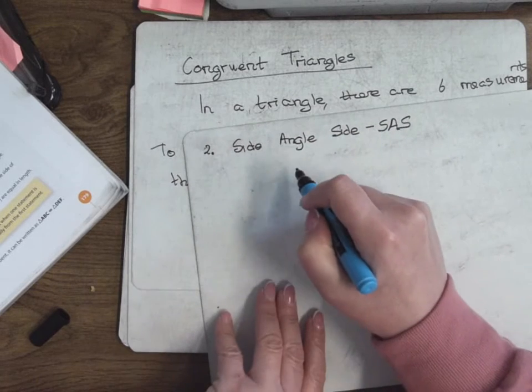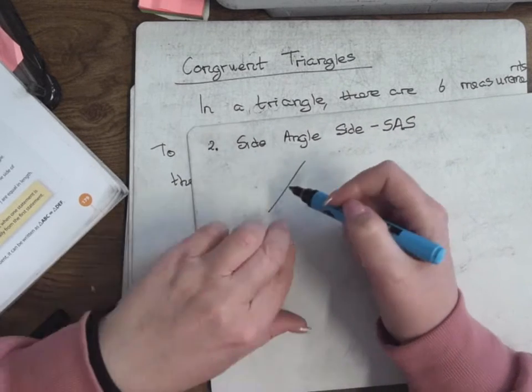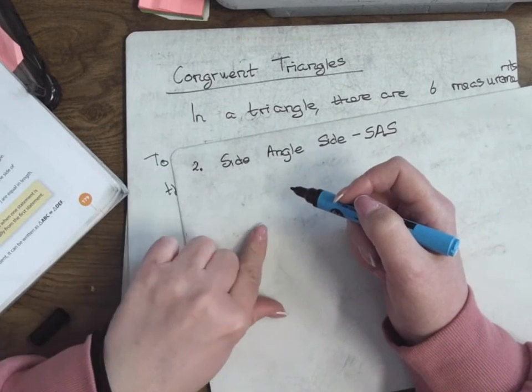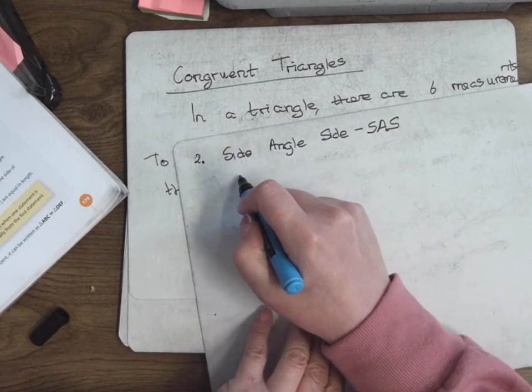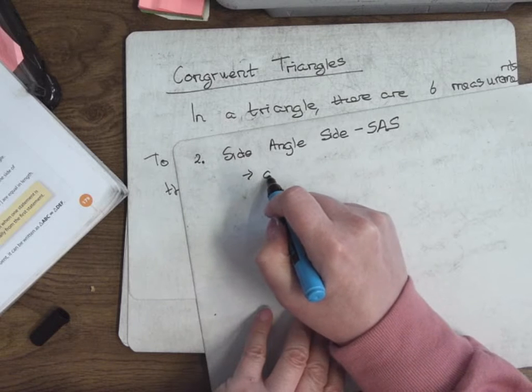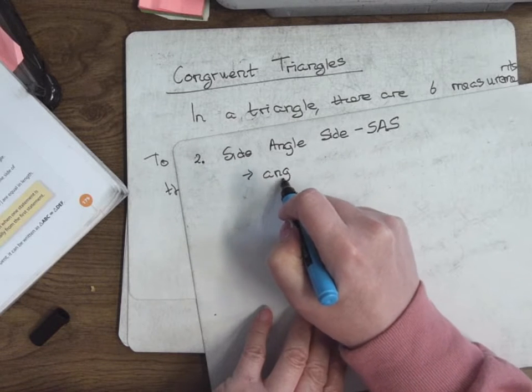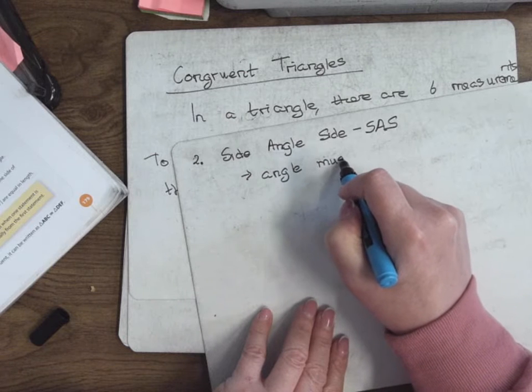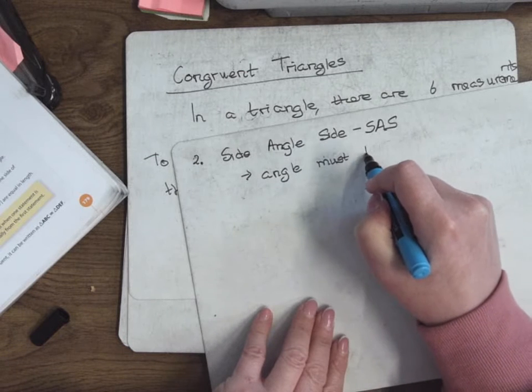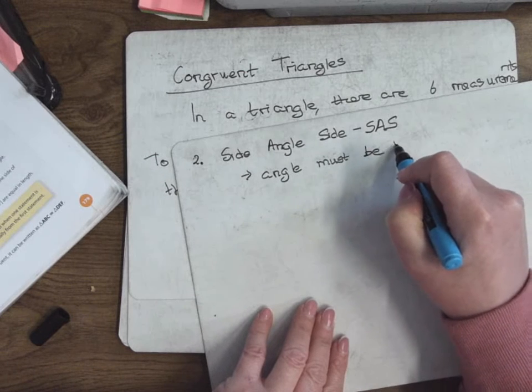Okay, so if I have 2 triangles, oh sorry, there's a condition attached to this, right? And the condition is the angle must be between the 2 sides.